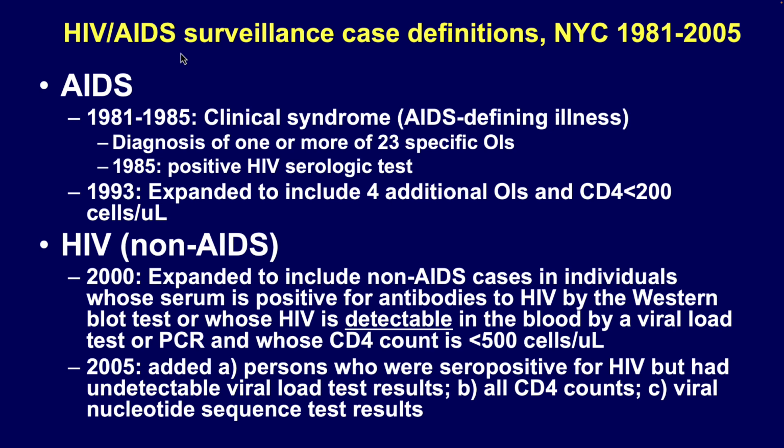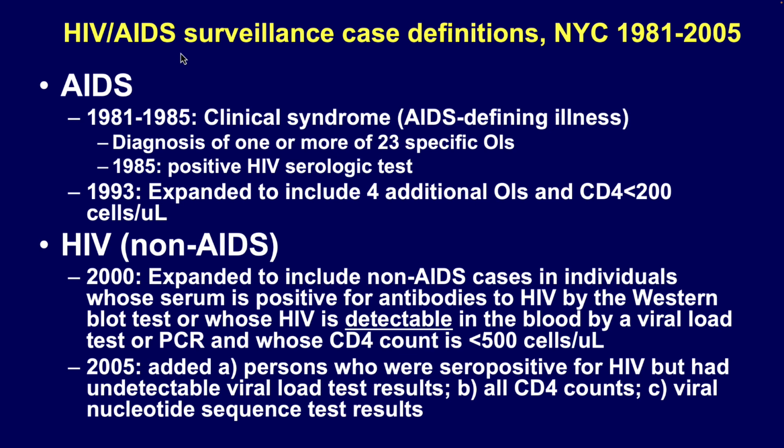Initially, in New York City at least, only detectable viral loads were reported by laboratories, which means that people who had never developed AIDS and had a CD4 count above 500 and were being treated successfully would not be immediately captured by this expanded case definition.